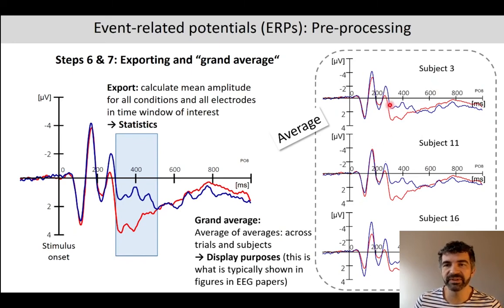Blue is always more negative in this area than red. So we would take the average for blue and red for this subject, for blue and red for this subject, for blue and red for this subject, and then if there's only 2 conditions, we would run a t-test, I guess. But this can be of any complexity.